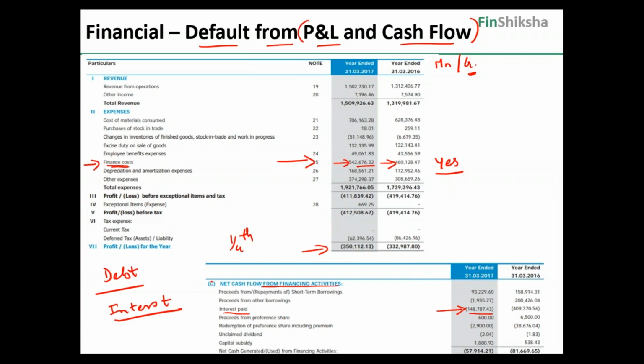Now, if such a company comes to you or comes to a bank, ideally you should not provide any further debt. Still, companies provided debt. Look at this: proceeds from short-term borrowings, proceeds as in the money which came in. 93,000 million, some amount came into the kitty of Bhushan Steel, which shouldn't have happened.